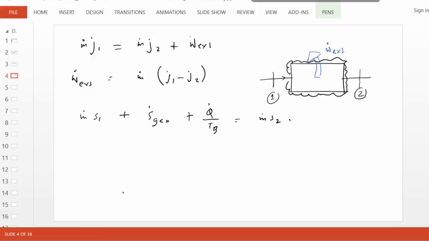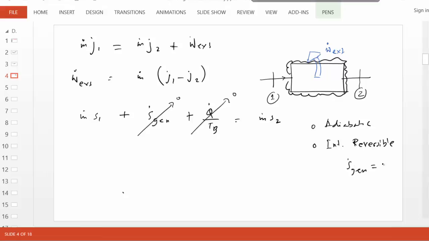So in this special kind of device, if it is adiabatic and internally reversible, in other words, let's write down the condition. Adiabatic means heat transfer is 0, and internally reversible means there is no friction inside, so S dot gen inside the internal boundary must be 0.